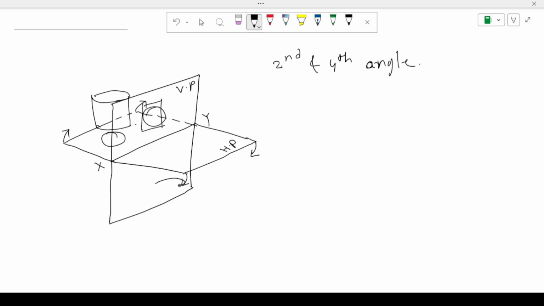And whenever we place the object in the fourth quadrant, the front view is formed on a vertical plane and the top view on a horizontal plane. When the horizontal plane is rotated, it collapses with the vertical plane, which is the front view, at the lower side of the reference line.